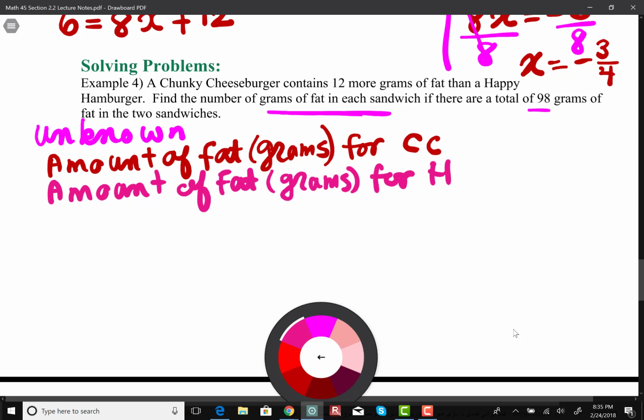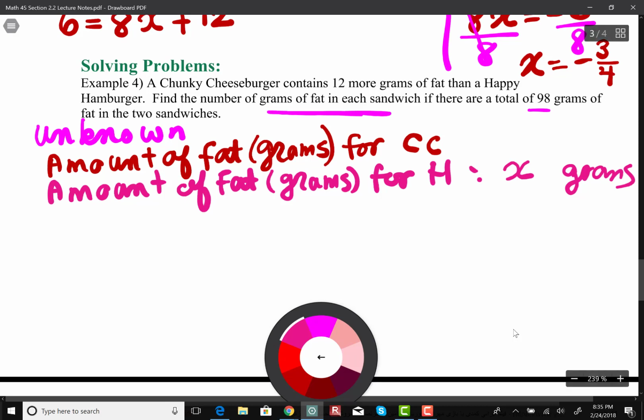Since they're saying that Chunky Cheeseburger has 12 more grams of fat than Happy Hamburger, let's say Happy Hamburger has X grams of fat, so that's X grams. Then if this is X grams, the Chunky Cheeseburger has 12 grams more.